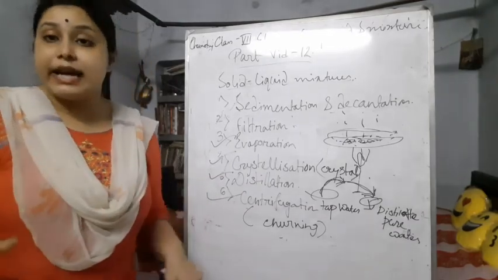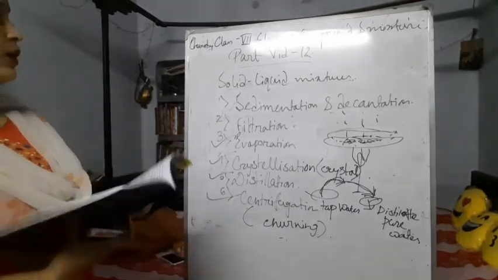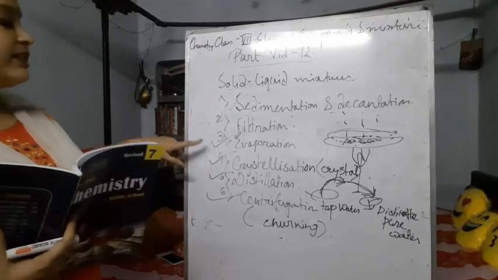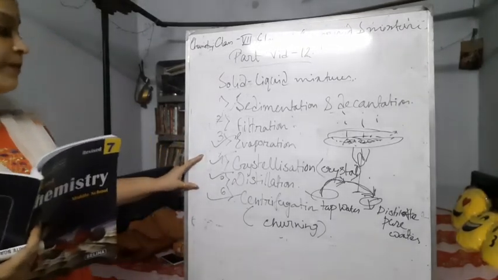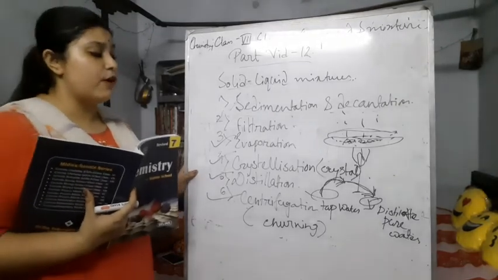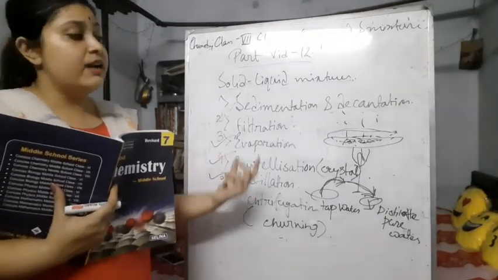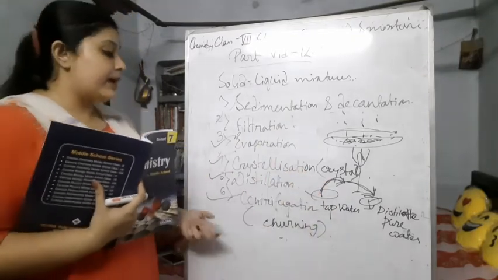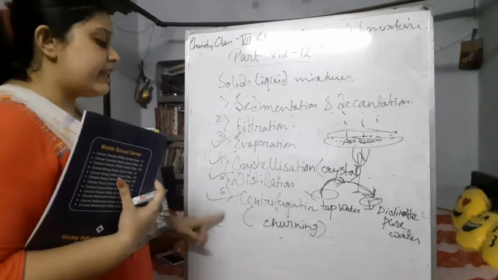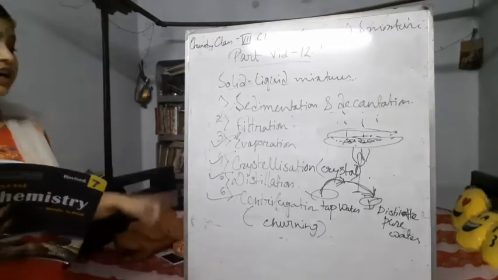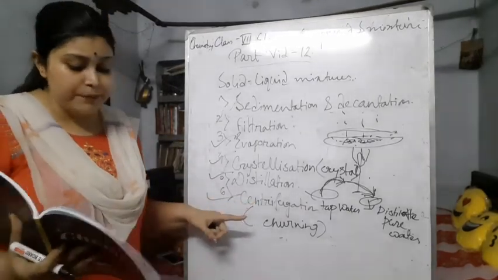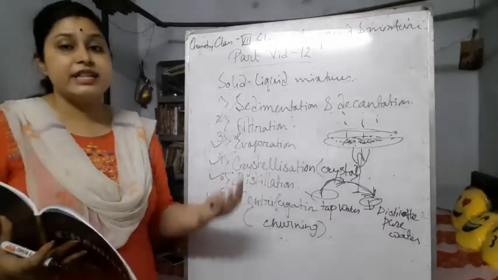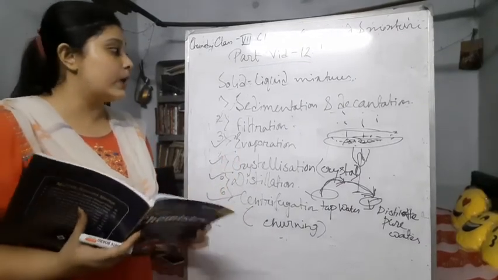So in this video I have discussed evaporation. Next, crystallization, when crystals form. Then distillation, when we evaporate the water and then condense it to produce distilled liquid. And the next one is centrifugation or churning, by which we can separate particles of different densities.